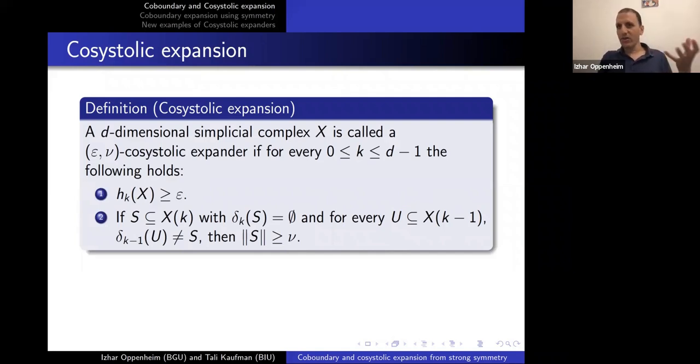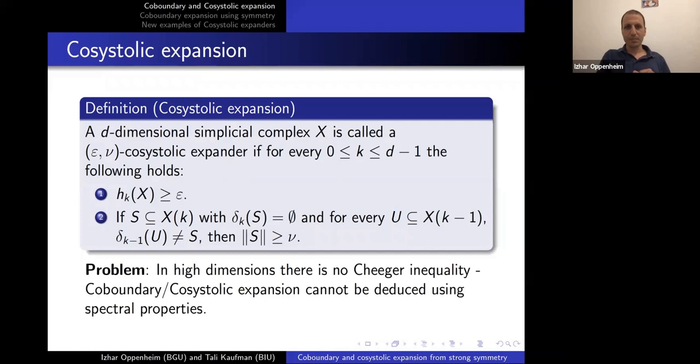This is like saying, okay, I have a graph with several connected components, each connected component has at least an epsilon Cheeger constant, and all the connected components are large. So it's a weakening of being an expander: having large connected components, each one of them a good expander. So that's cosystolic expansion.